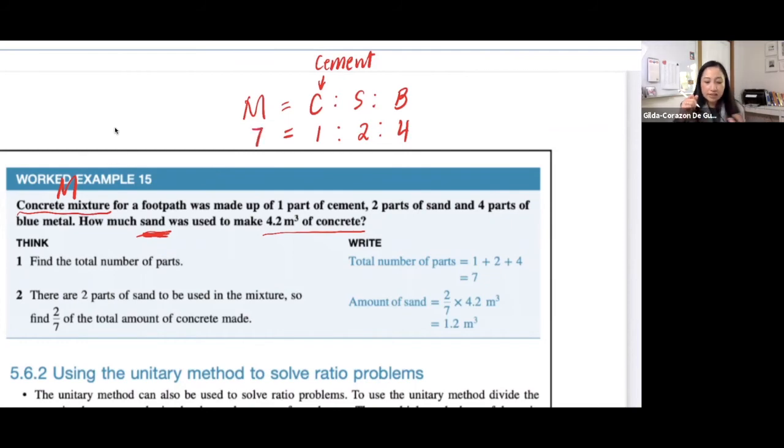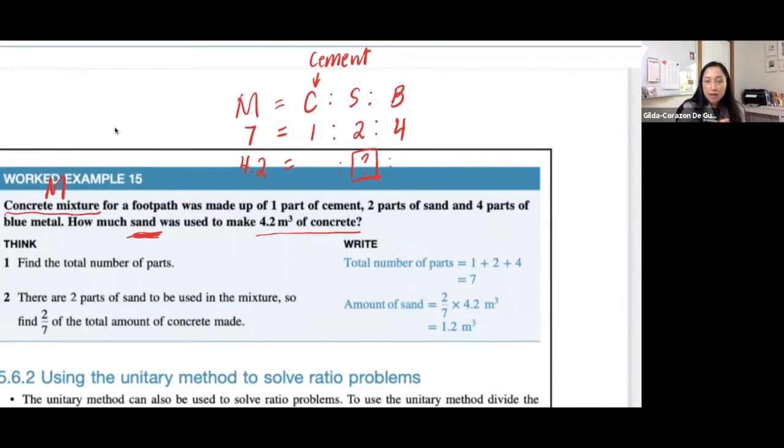So now you've got 7 parts. That 7 parts would mean 4.2 cubic meters. Now, what you're looking for is this one here. If we know that 7 parts is 4.2 cubic meters, how much is 1 part? With ratios, we could say 7 to 4.2.